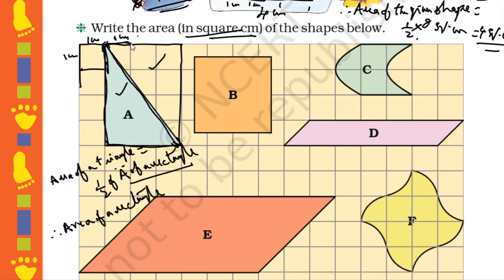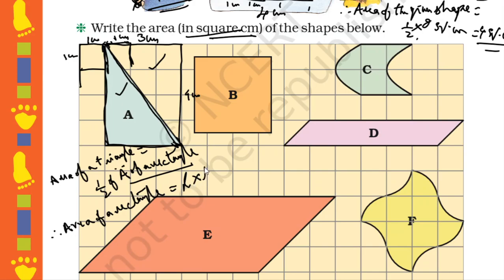If you take the side of this square as the unit, 1 centimeter, how many units are there? 1, 2, 3. So this is 3 centimeters, and this is 1, 2, 3, 4, so this is 4 centimeters. So the length and breadth of the rectangle are 4 centimeters and 3 centimeters. What is the formula for the area of a rectangle?